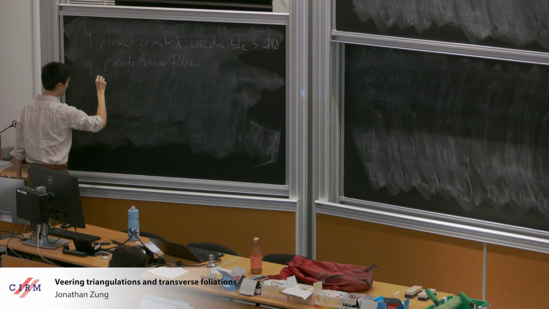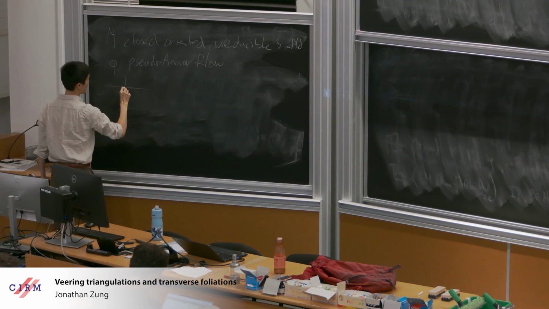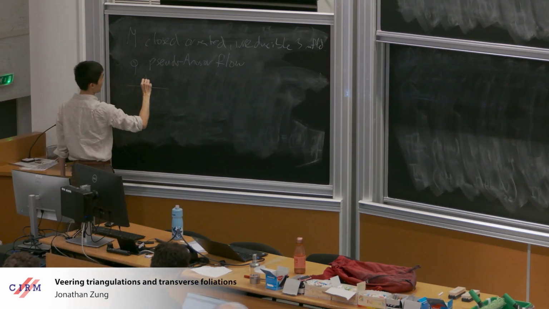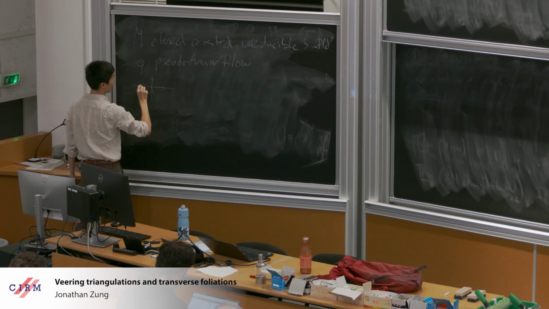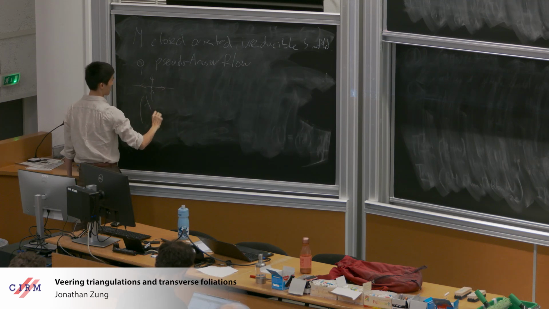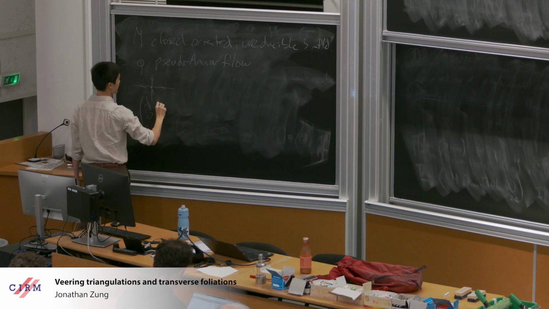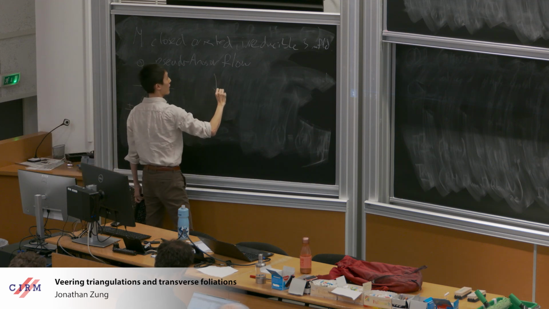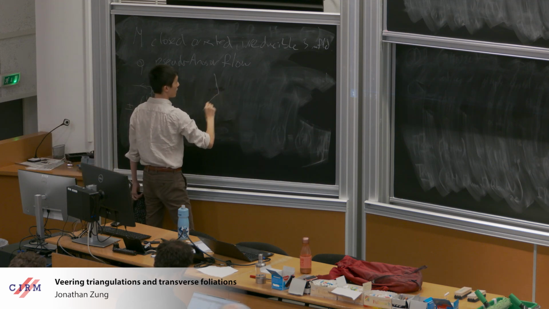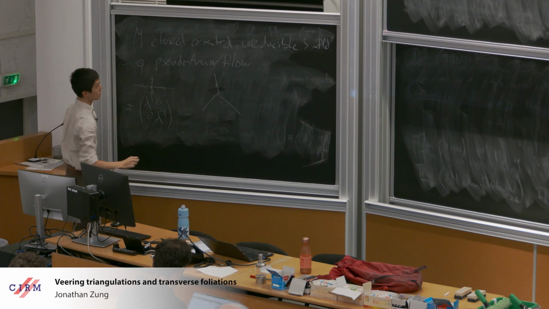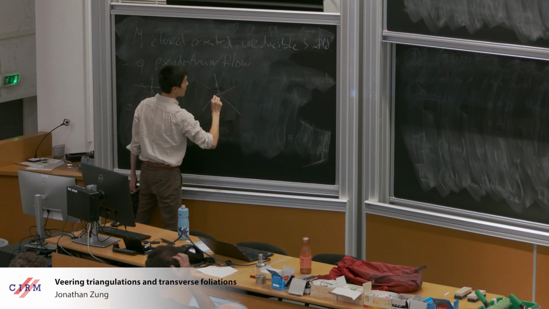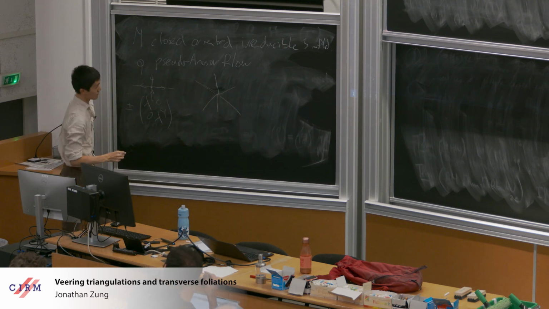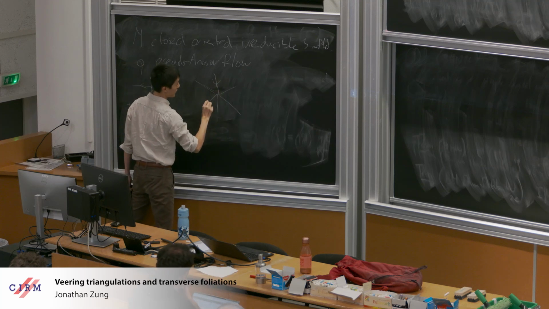Well, a pseudo-Anosov flow has the property that the first return map to a fixed point has this sort of attracting, repelling dynamics. And so the first return map looks something like this, and maybe plus or minus. For a pseudo-Anosov flow, you're allowed to have some slightly more complicated kinds of singularities that look kind of like this.